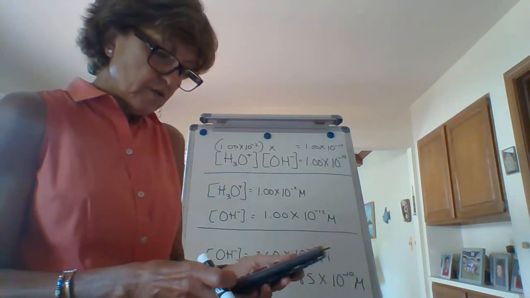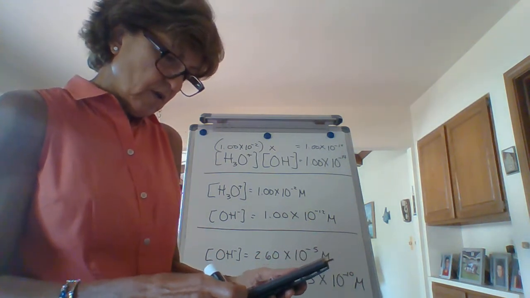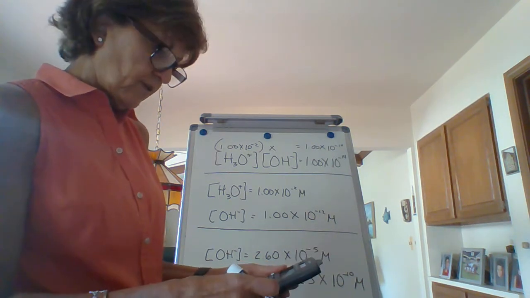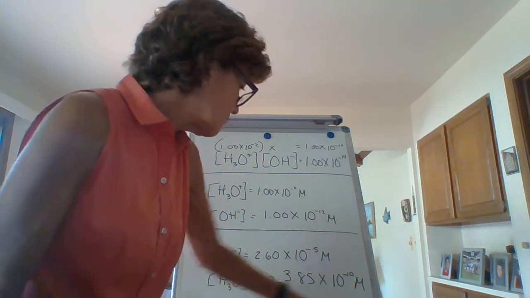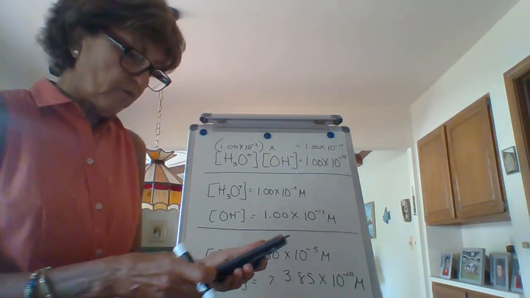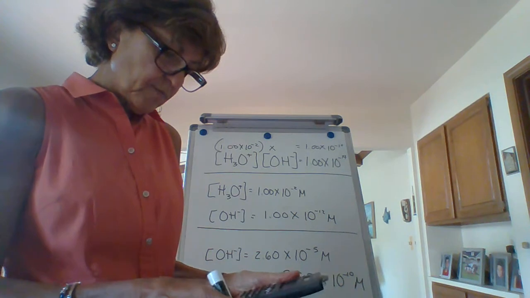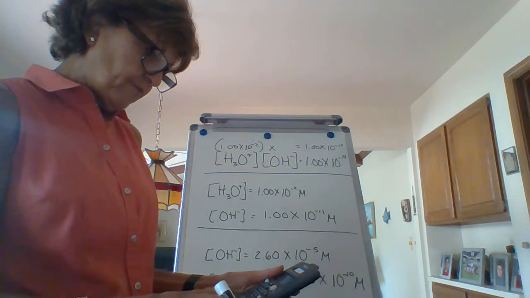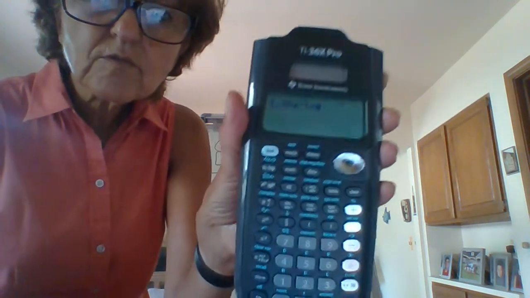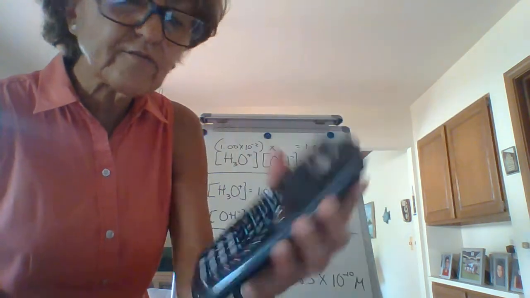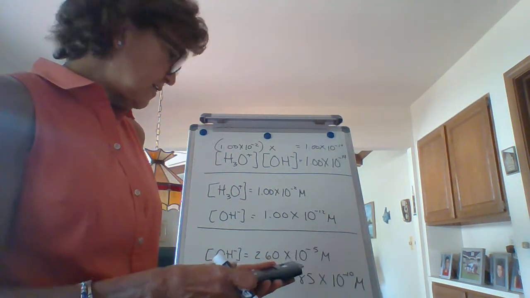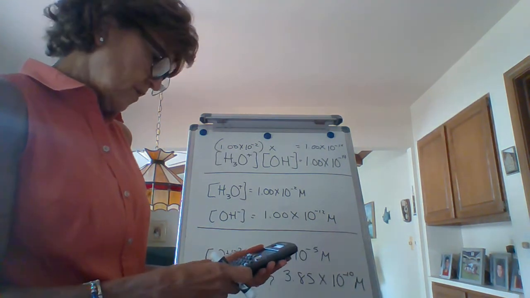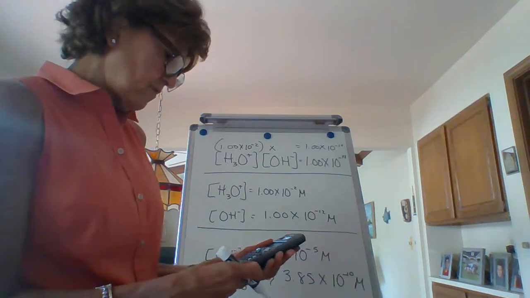You could go 2.6 EE... forget that. 1.00 EE negative 14, divided by 2.60 EE negative 5.